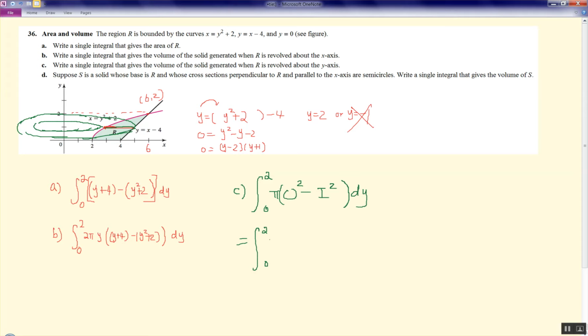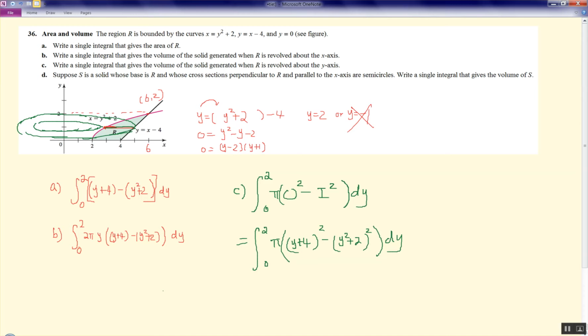We are going to integrate from 0 to 2 pi times the outer, which is y plus 4, squared, minus the inner, which is the parabola, y squared plus 2, squared, dy.